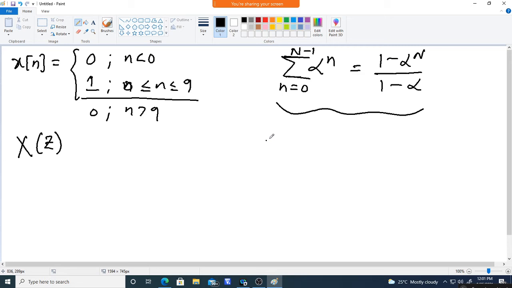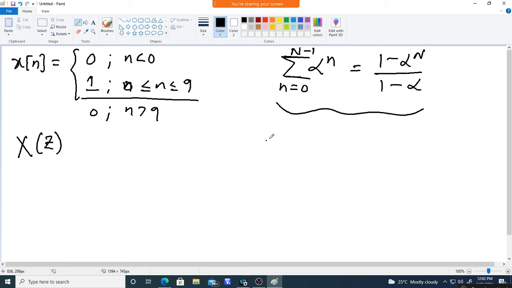It is finite, so there is no problem and the ROC will exist. Then at which value will X of Z go to infinite?